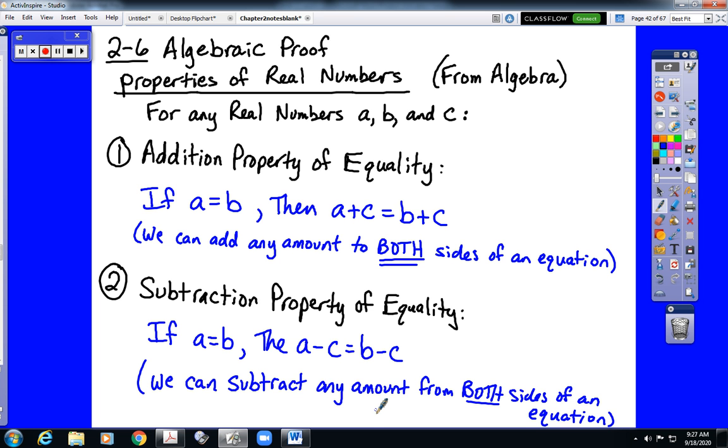Okay, we are always allowed to add and subtract whatever we want as long as we keep the equation balanced, and we should already be aware of that both from our prerequisite unit in geometry and from any algebra or pre-algebra class that we've taken beforehand. Those are our first 2 properties, the addition property and the subtraction property.